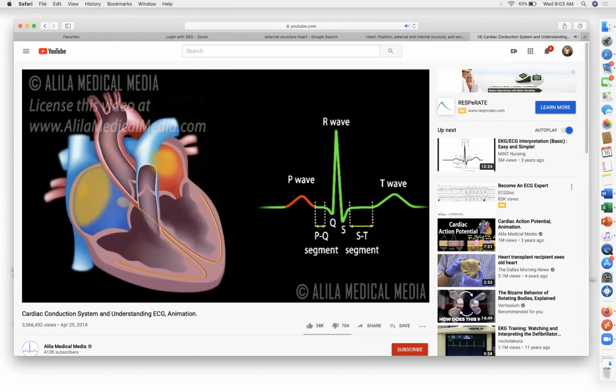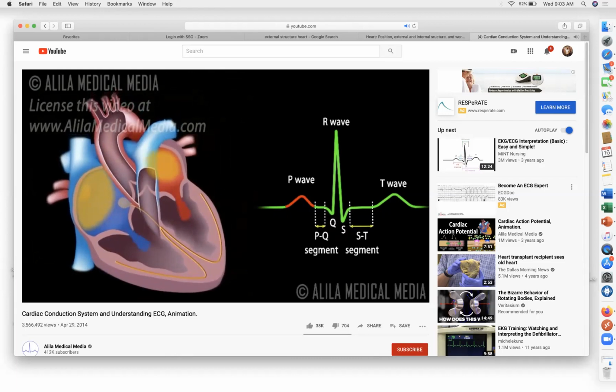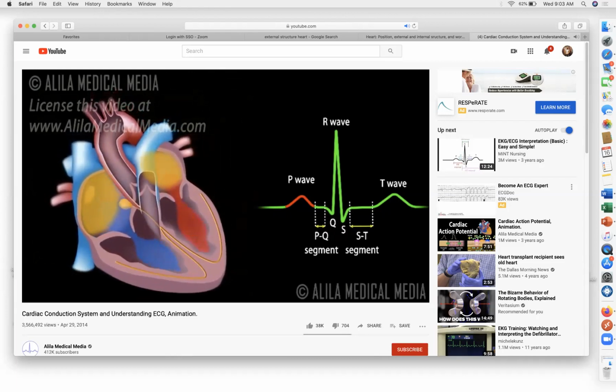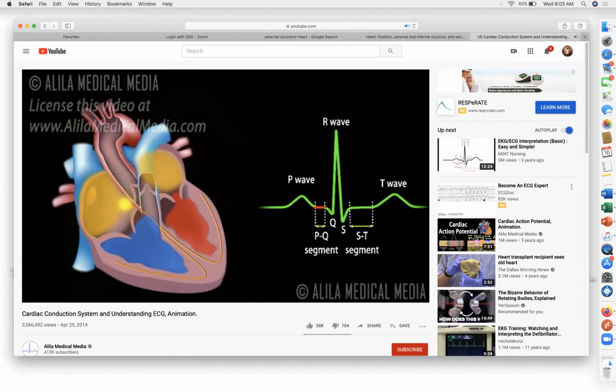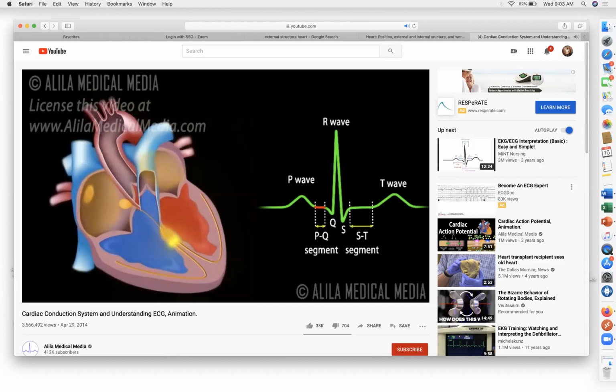This is represented by the P wave on the ECG. Atrial contraction, or atrial systole, starts about 100 milliseconds after the P wave begins. The PQ segment represents the time the signals travel from the SA node to the AV node. The QRS complex marks the firing of the AV node and represents ventricular depolarization.